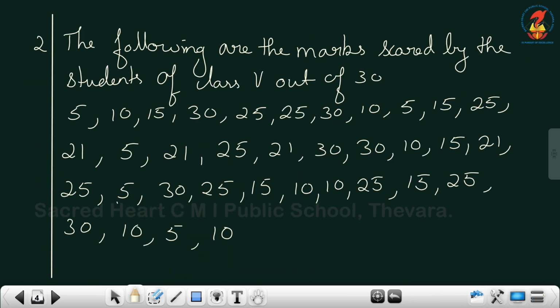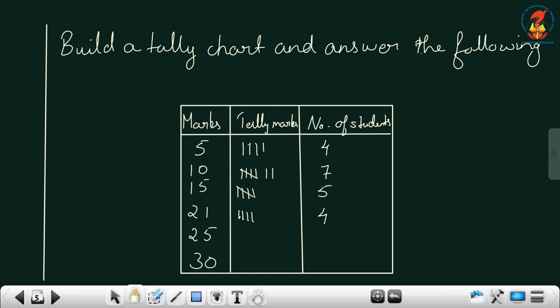Next, how many students got 25 marks? 1, 2, 3 over there, then you have 4, then 5, 6, 7, 8. 8 students have got 25 marks. So, 1, 2, 3, 4, 5, 6, 7, 8.